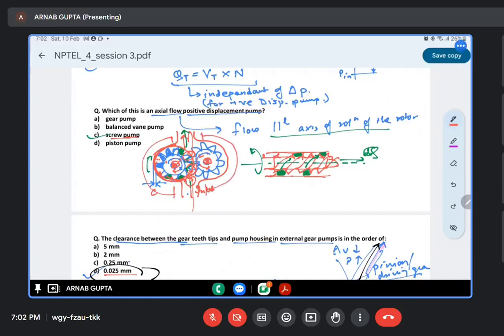So pi d outer square by 4 is nothing but, if you consider this part of the gear is half of the gear, and this is the outer diameter or the addendum circle diameter, then pi d outer square by 4 will give you the area of both the halves of the gear, like this half and this half, right?